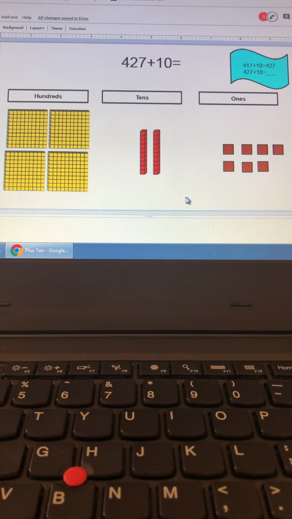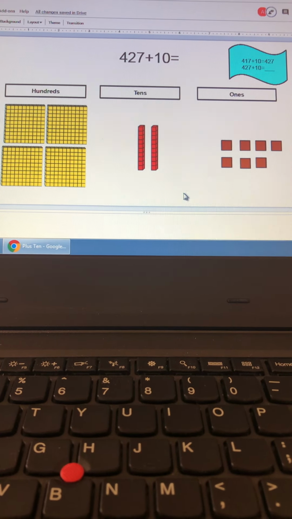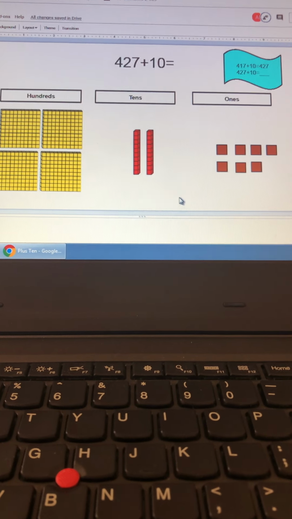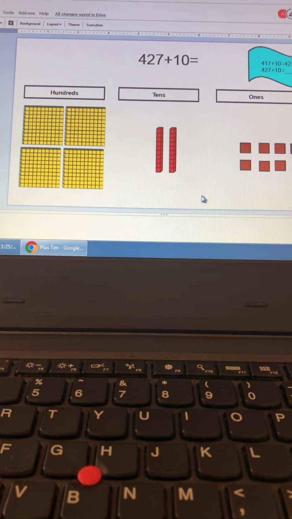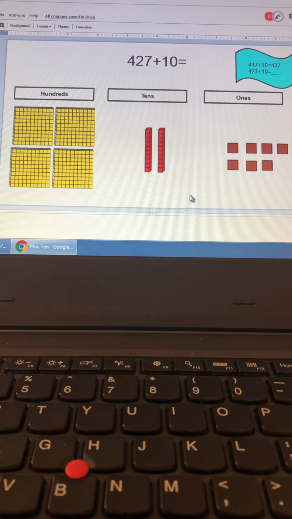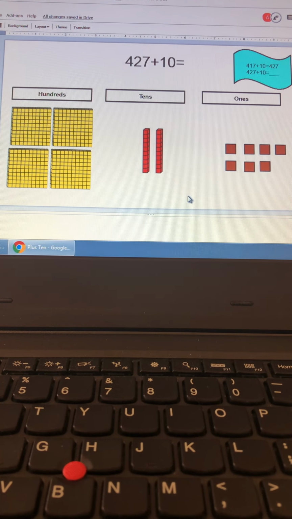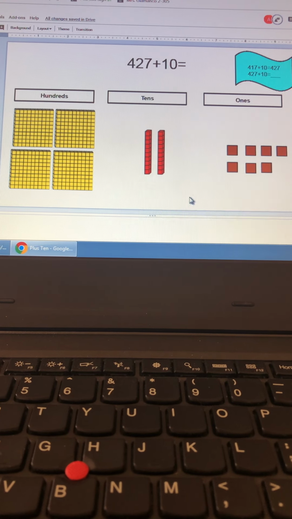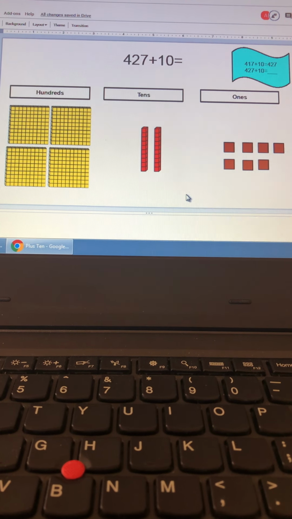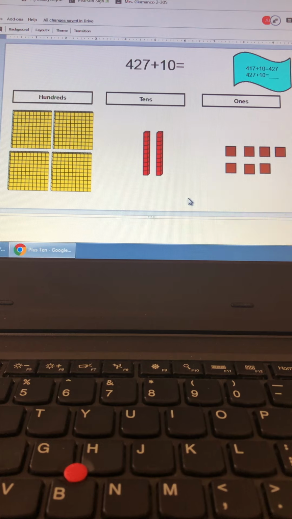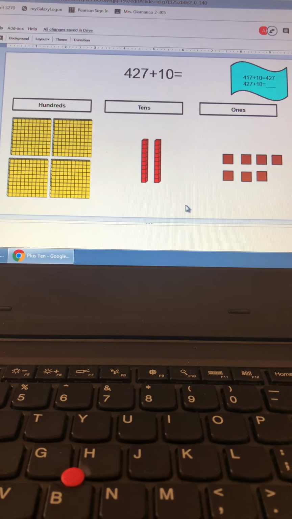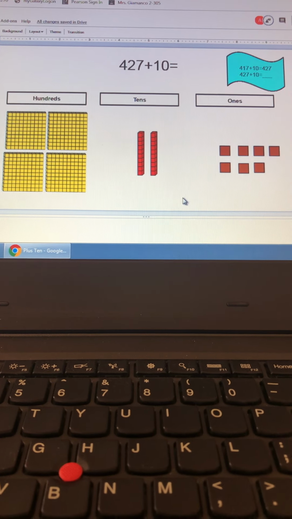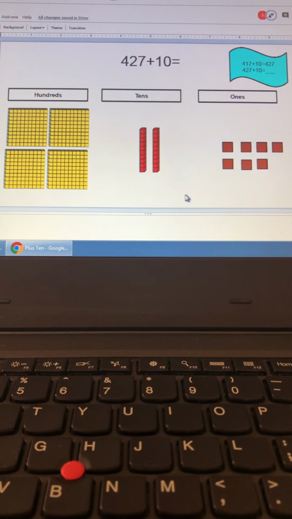What is 427 plus 10? Once you have an answer, put a thumb up, please. Three, 2, 1. Shout out your answer.